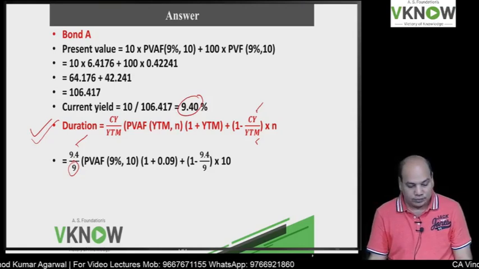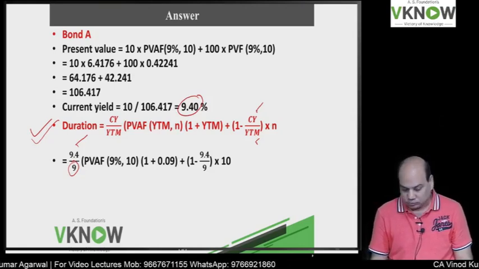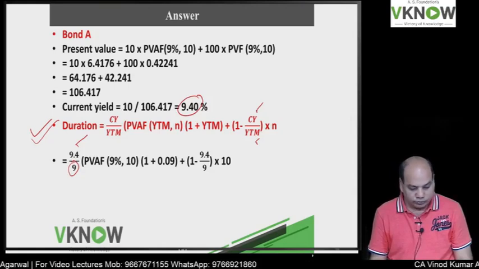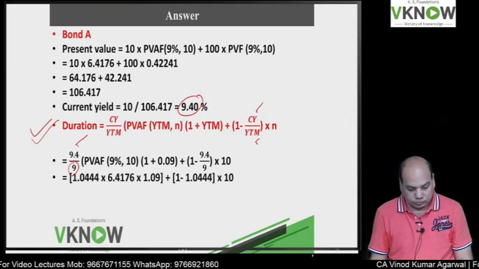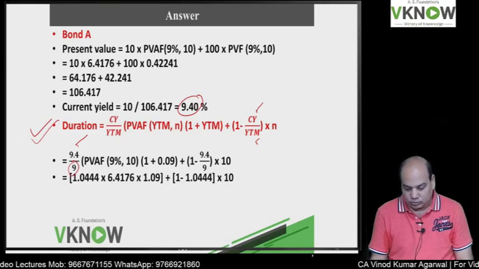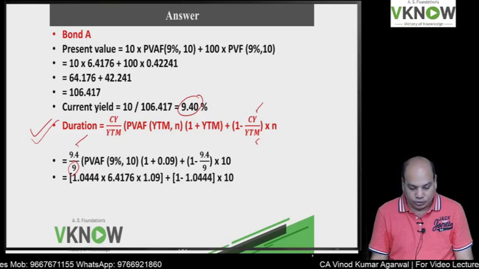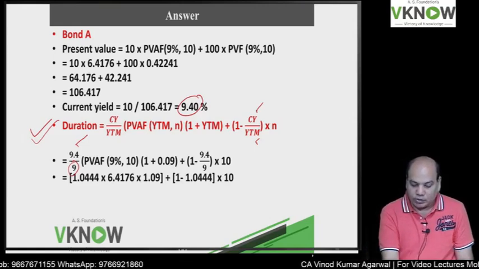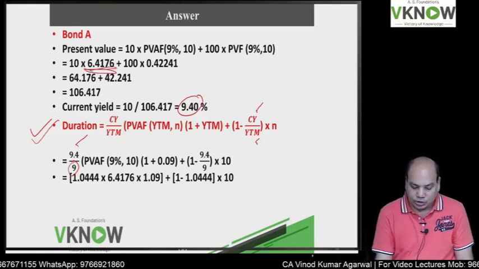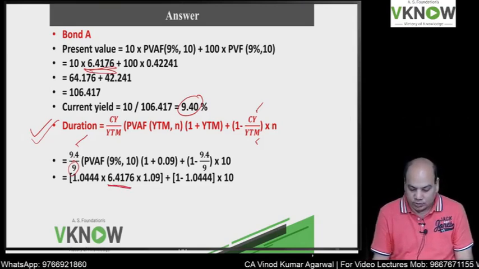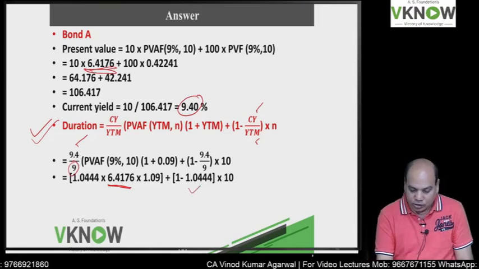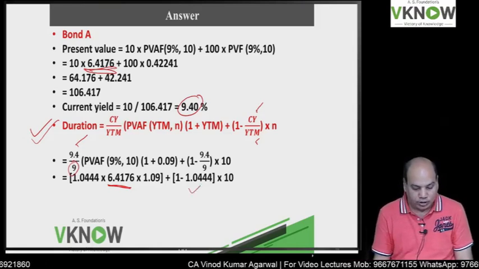Just try yourself. 1.0444. Annuity factor we have already calculated, so don't waste time. 6.4176 again into 1.09 plus in bracket 1 minus same 1.0444 into 10.